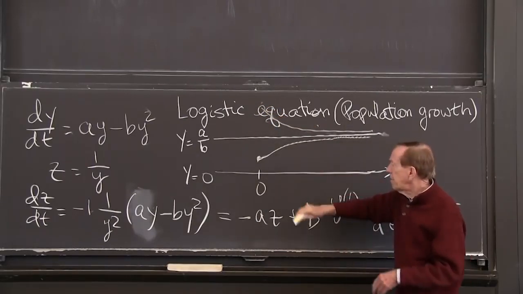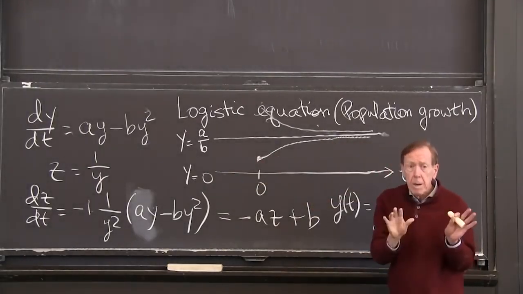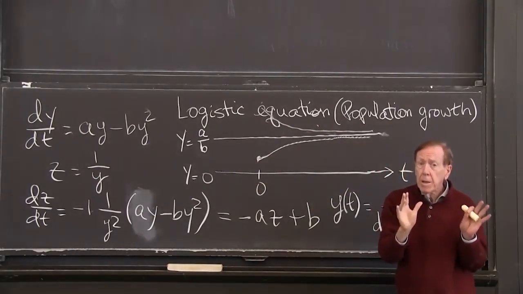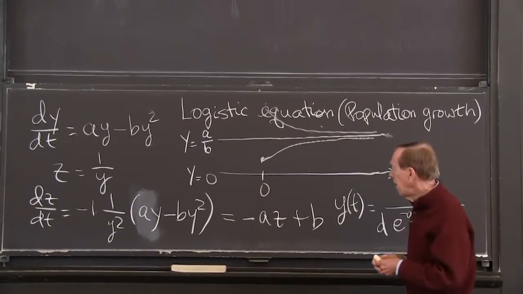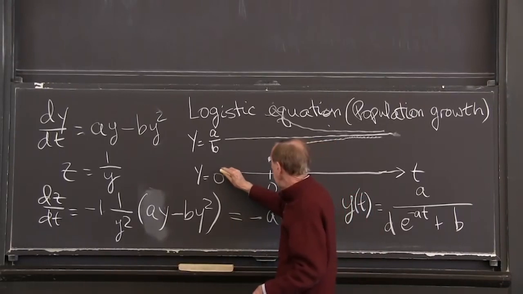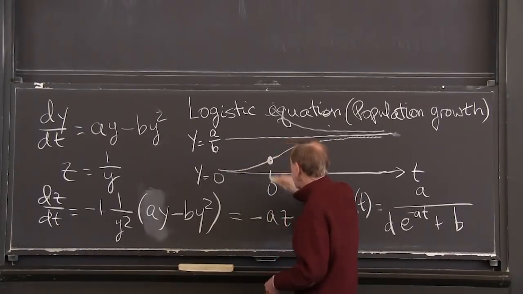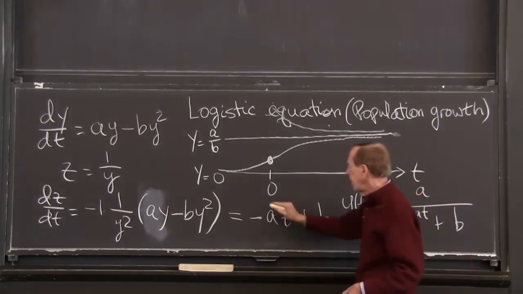But it's really between these lines that I'm thinking the world population is. So it started way back at some time minus infinity, and it came up to time 0. This is t equals 0.